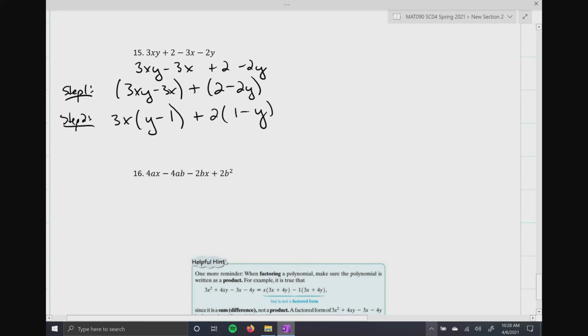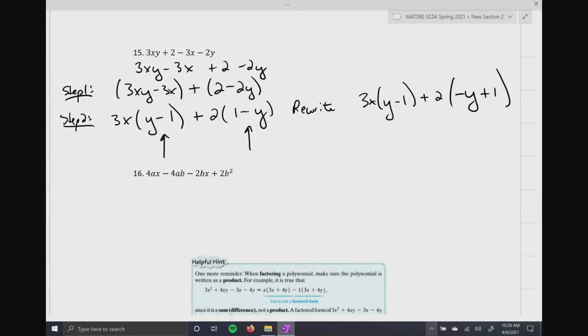I have inside of the parentheses y minus 1. Over here, it's 1 minus y. Let me write it like this so you can actually see what I'm talking about. Because I can see it, but then again, I've been doing this for a long time. All I did is inside the parentheses for the second parenthesis, I just wrote it so the variable was first and the number was second.